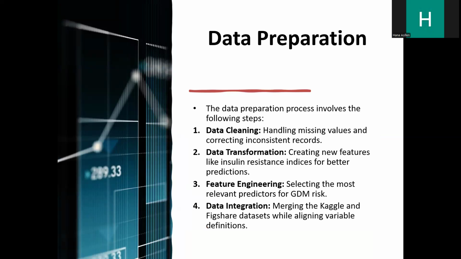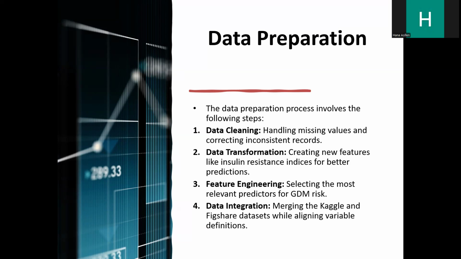Now, the slide about data preparation. The data preparation process involves the following steps. The first step is data cleaning, handling missing values and correcting inconsistent records. Second, data transformation, which involves creating new features like insulin resistance indices for better predictions.